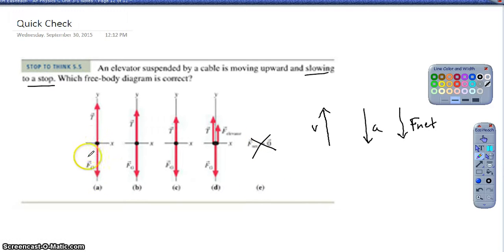And then the rest of these options. Option A, the tension is higher than the force of gravity, which would mean it would be accelerating upward. That doesn't make any sense. Option B, these two forces appear to be equal and opposite, which means B is basically the same option as E, so we know both of those are out. Option C seems to make sense, and option D, the only problem with option D is we have those two forces, which if you look at them together, look like they're probably either equal in length or possibly greater in length.